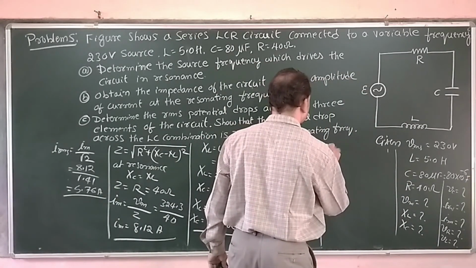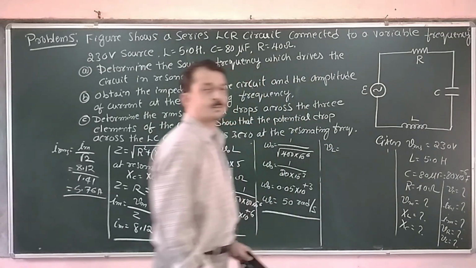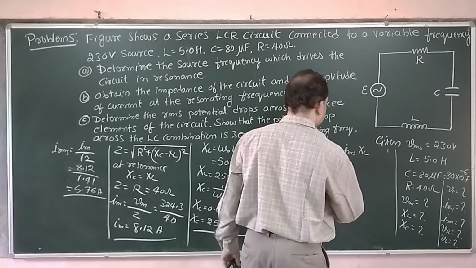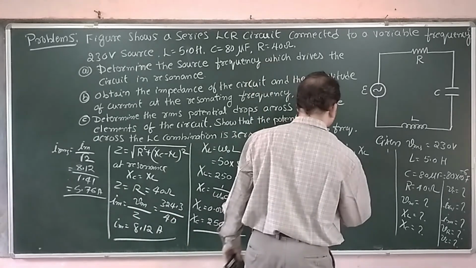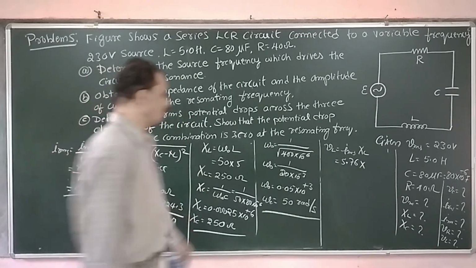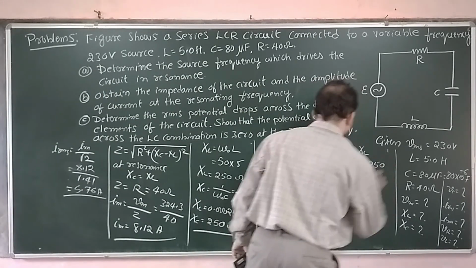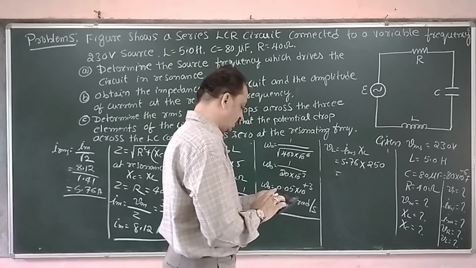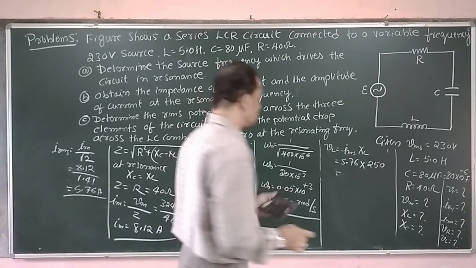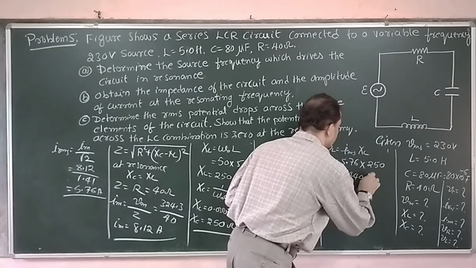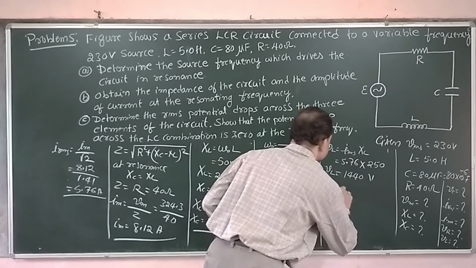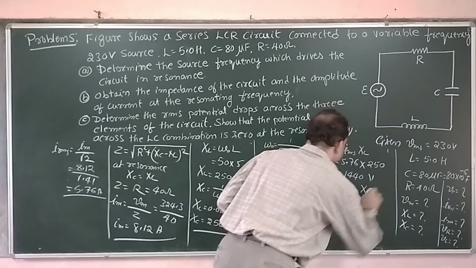Now, the RMS value of the voltage across the inductor is IRMS into XL. IRMS we have calculated, 5.76, into XL we have worked out, 250. That is equal to 5.76 into 250, that is equal to 1440 volts, VL. Similarly, VC is equal to IRMS into XC.